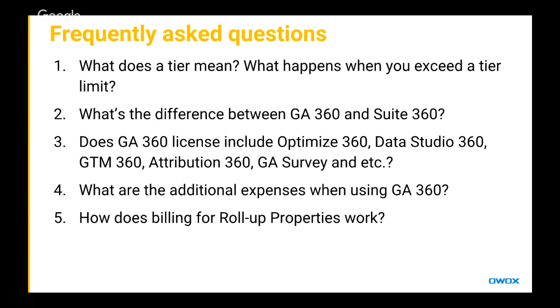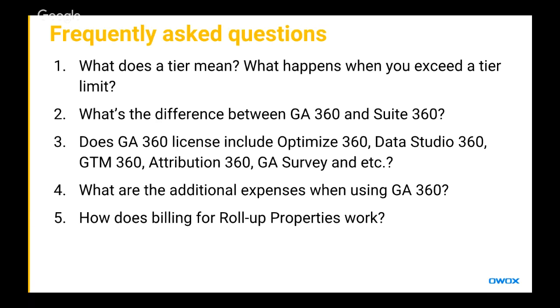So, for example, we have 10 million hits in the first source property and 8 million hits in the second source property. So in the aggregated rollup property, we will be billed for 9 million hits, which is a sum divided by 2.